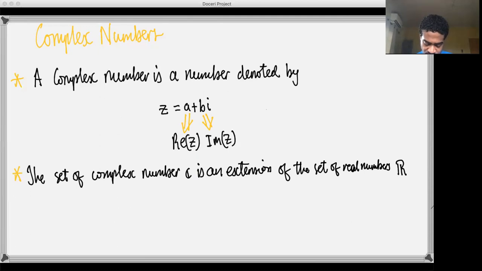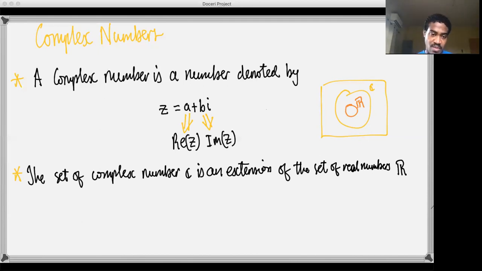If you were to look at it from a Venn diagram perspective, this would be, let's say, the set of real numbers here, and the set of complex numbers would be the C here. So you're seeing that the set of real numbers is a subset of the set of complex numbers.